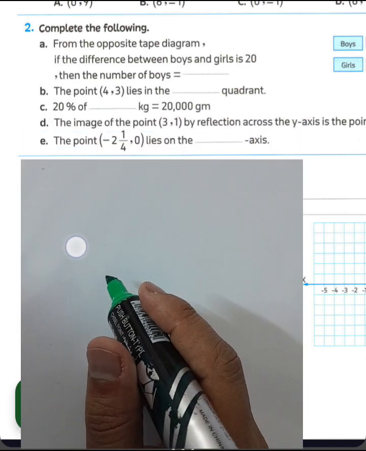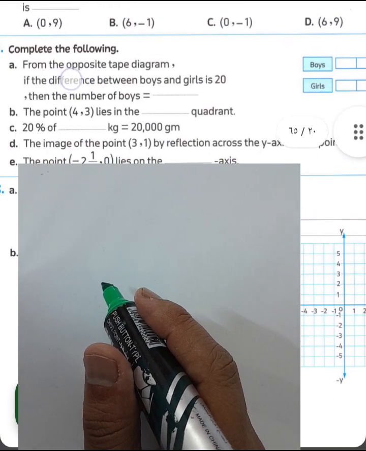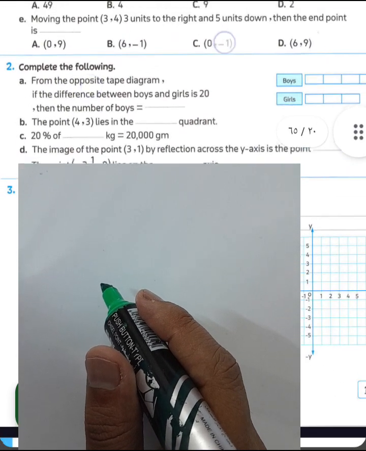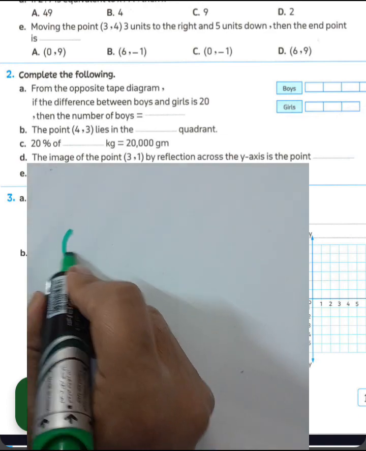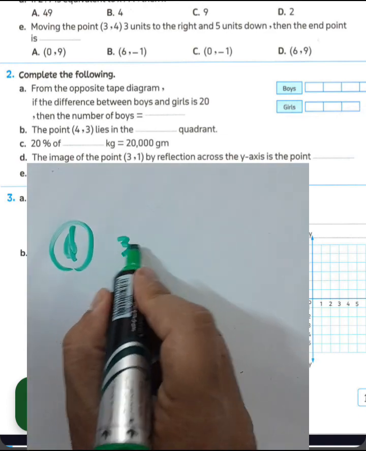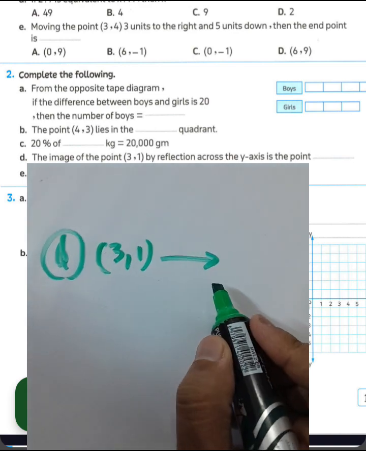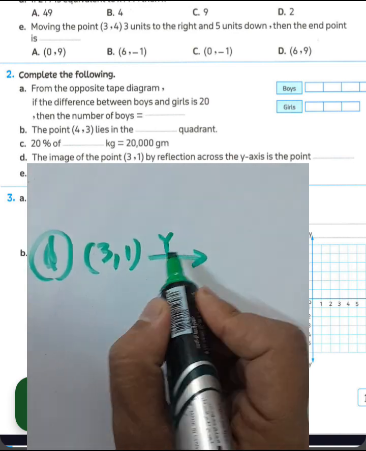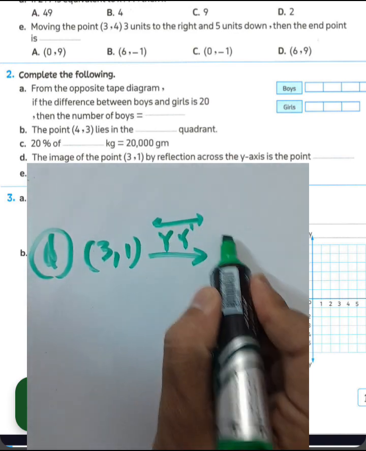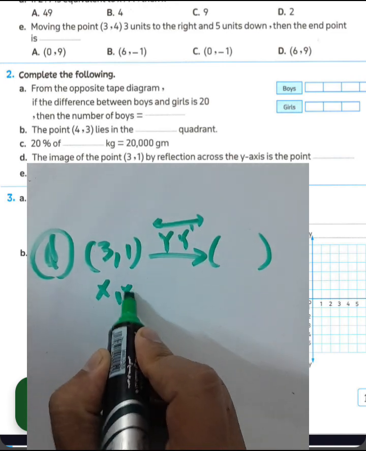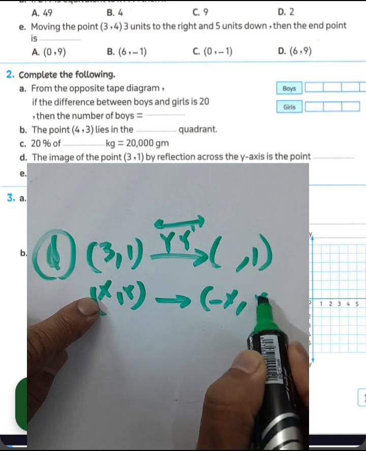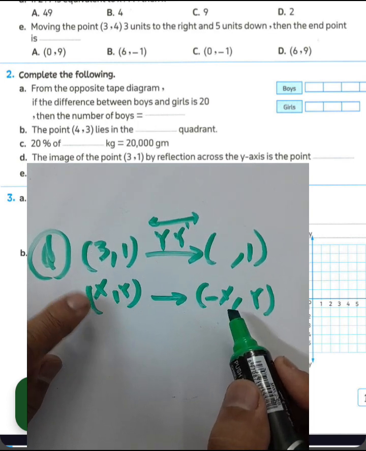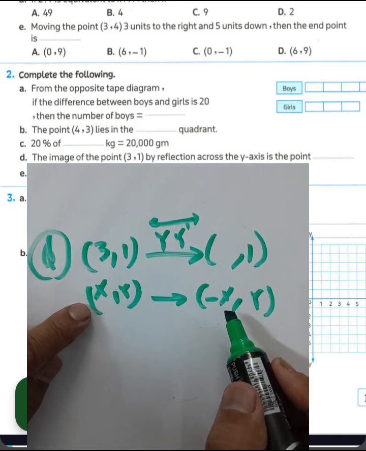Question letter D, the image of the point by reflection across y-axis is the point what? Okay, we have point 3 and 1. We want to find the reflection of this point across the y-axis. Y-axis means we must put y here and change the sign of x, because you want to find the reflection across the y-axis.